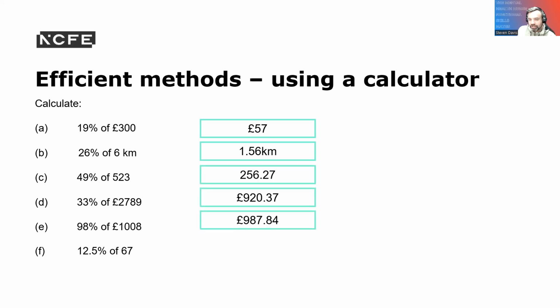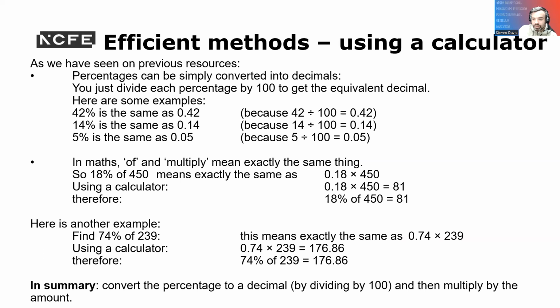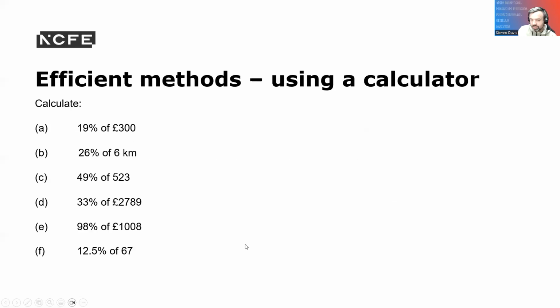And again, we've got our answers there. So remember, all we're doing is converting the percentage into a decimal first, so we can then times it. So 0.19 times 300.